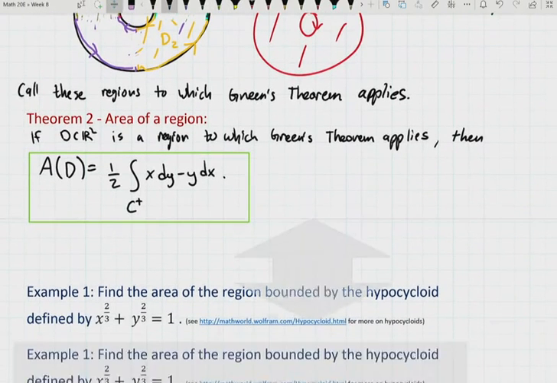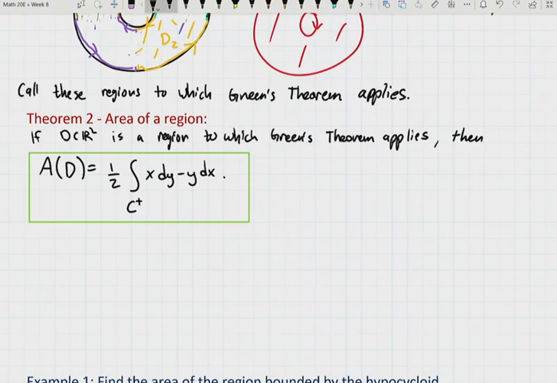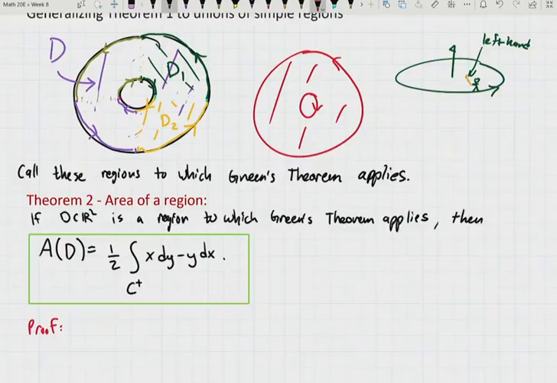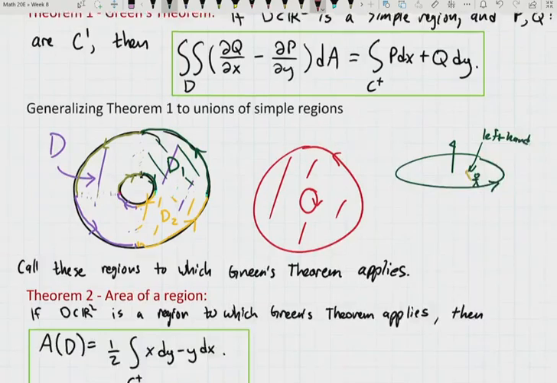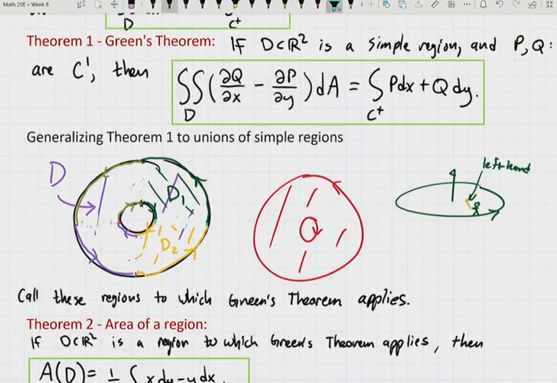And here's a little proof of that. Any guess how we prove that? Well, look at Green's theorem. What if this integrand was 1?